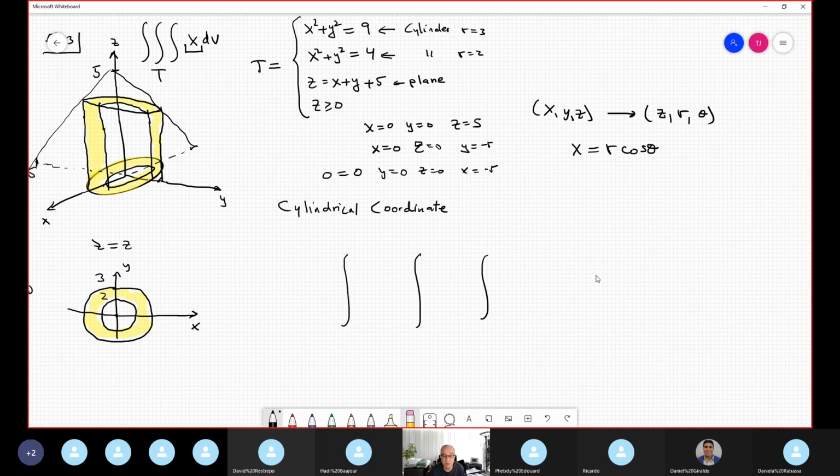So the integrand function, you need to express it using the proper coordinates, the variables that participate in the game, which are C, r, and theta. So my x is r cosine theta.